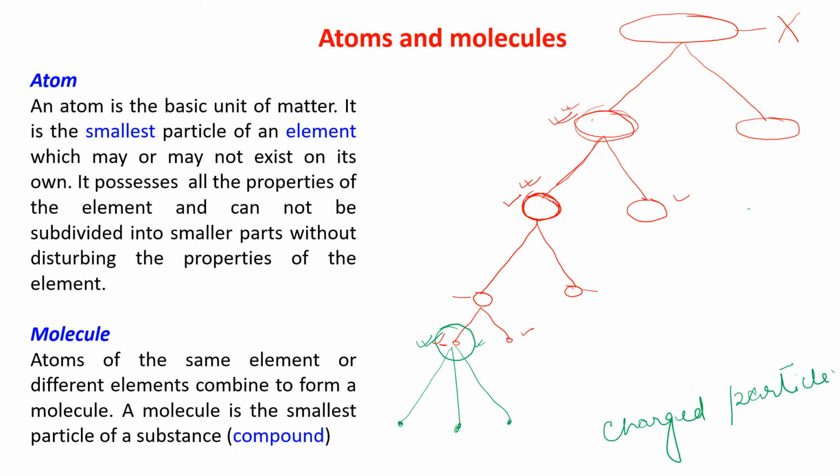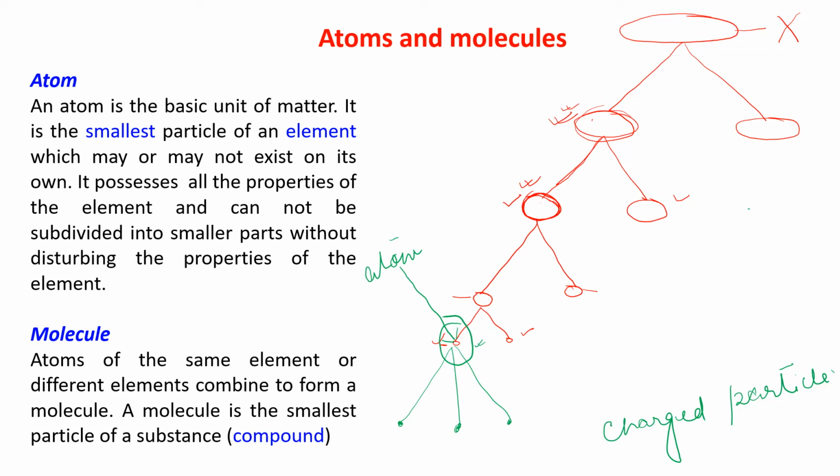So this smallest part, which possesses all the properties of the element X, is known as atom. When you are dividing the atom, you are getting 3 fundamental particles.